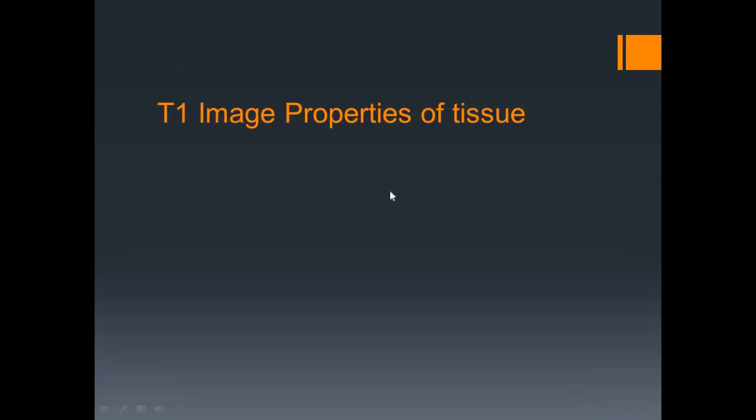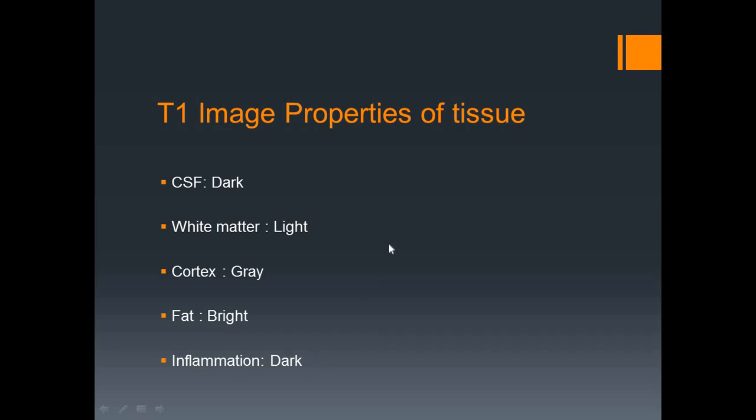T1 image properties of tissue. It means that the T1 image has some specific properties that give information. In T1 images, CSF, which is cerebrospinal fluid, looks dark, white matter looks light, cortex looks gray, fat looks bright, and inflammation looks dark.